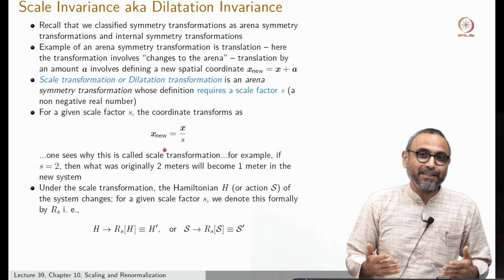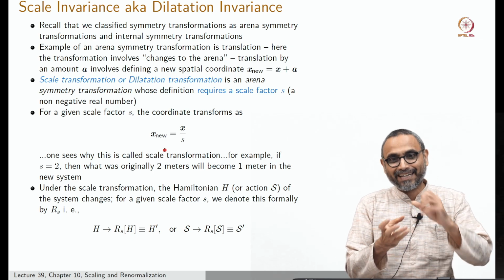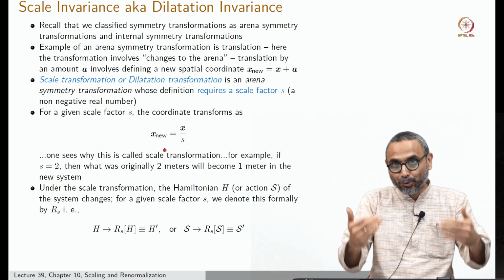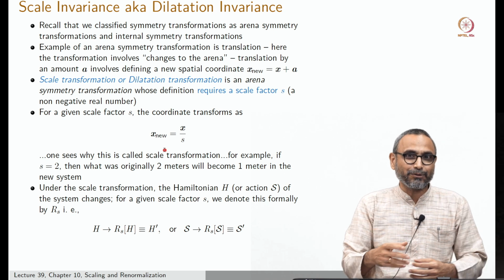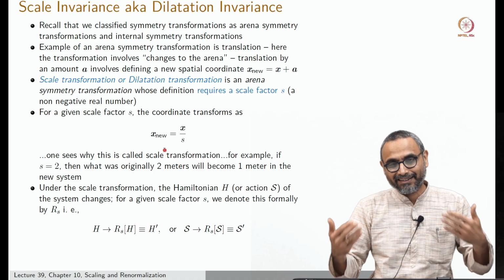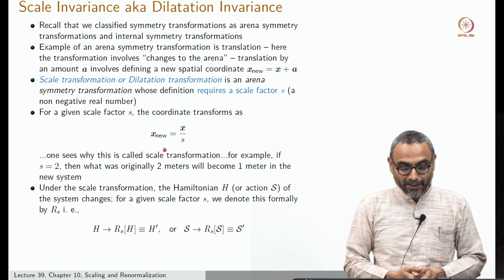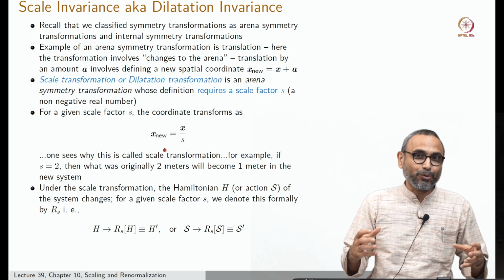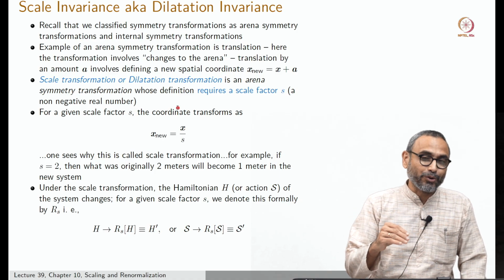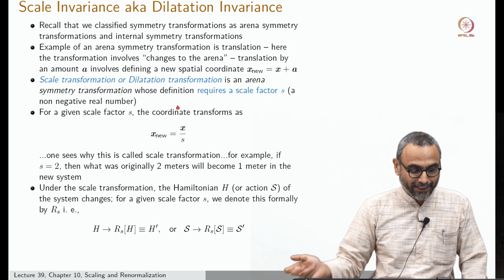For example, if we had some internal symmetry, we know how to do this, because we take the symmetry operation and act on the degrees of freedom, get a new set of degrees of freedom, and put it back into the action, so there is a certain way we can encode the internal symmetry transformation. So what we need to do is figure out a way to implement the scale transformation on the Hamiltonian or the action, as the context requires.